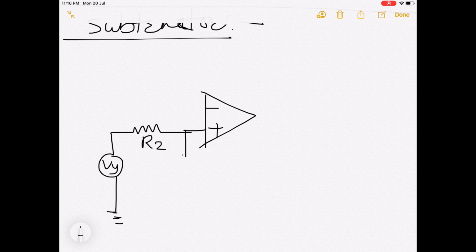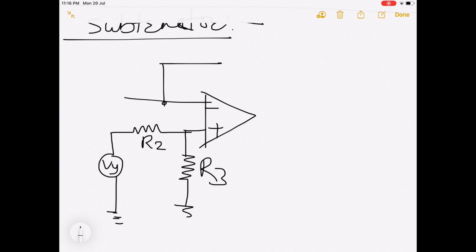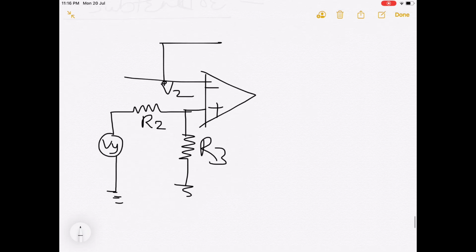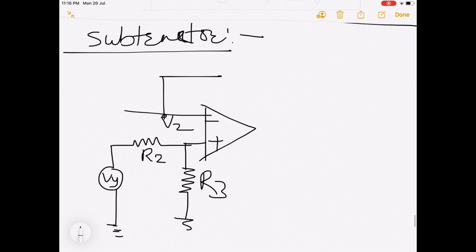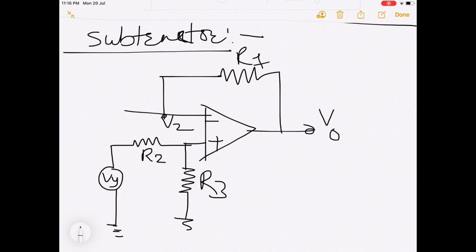Okay, then suppose one resistor is connected like this, then voltage V2 is applied here, then RF means feedback resistor, here VO. Okay, then this is RF, then R1, another input through R1. So this is suppose Vx, this is grounded. Okay, this circuit is for the subtractor, and we have to derive that the output is the difference of two inputs.